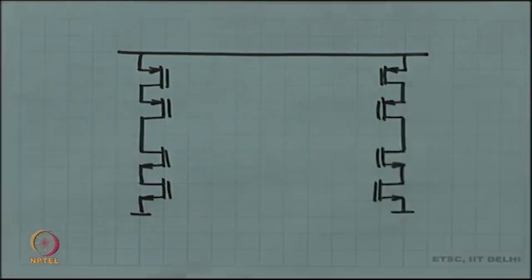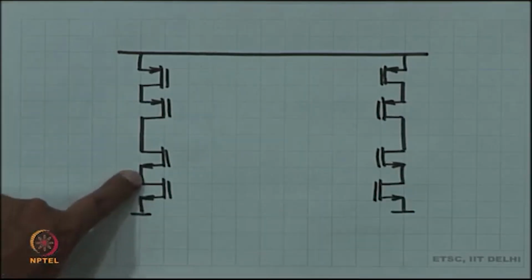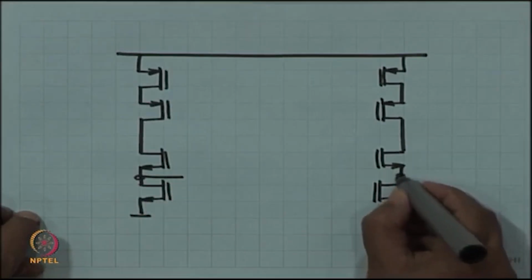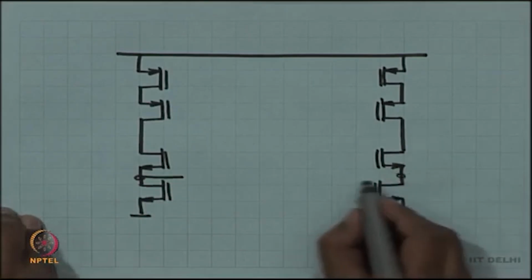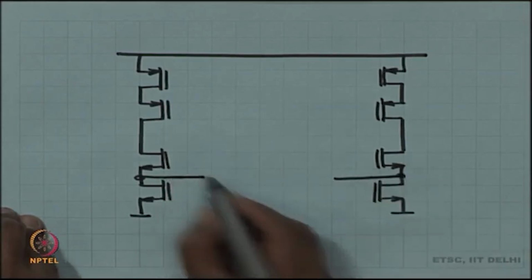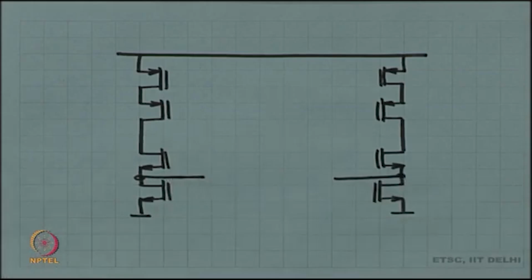Okay, so this is my output stage. Where is the current coming in? The current is coming in over here from the input stage. Okay, and let us make my input stage.